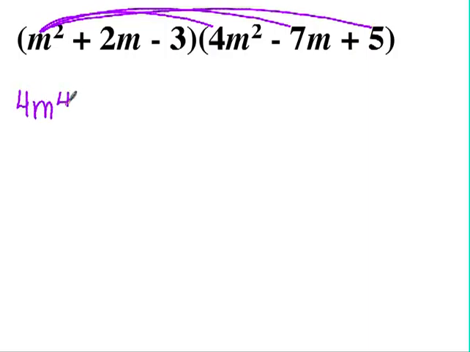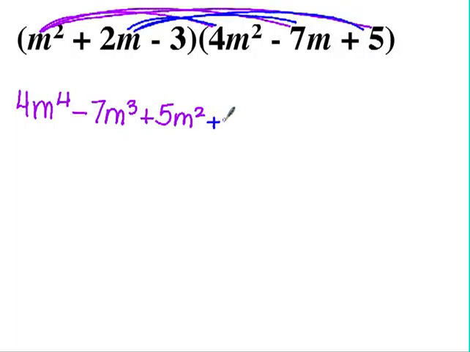Okay, what do you get next? 7m to the 3rd, and then what do you get? 5m squared. Okay, the other group, you're going to do this one for me. What do you get? 8m cubed. Thank you.